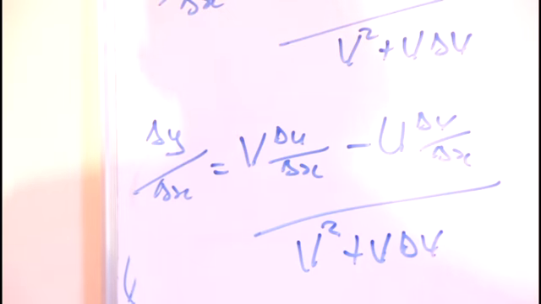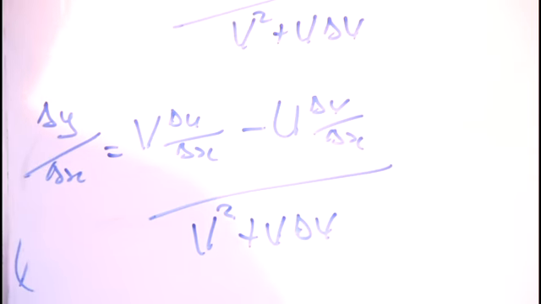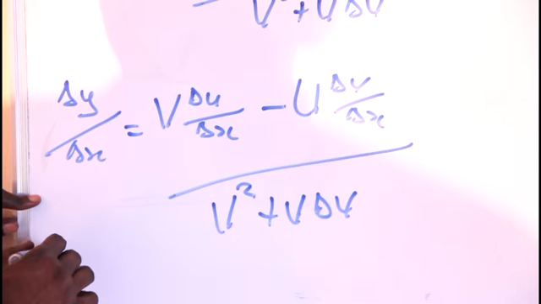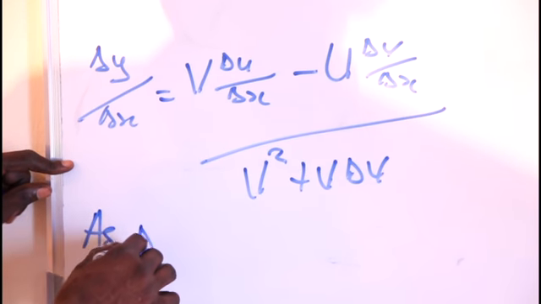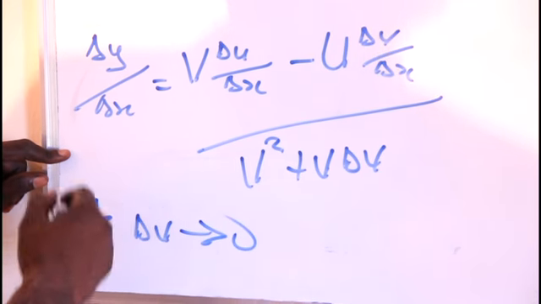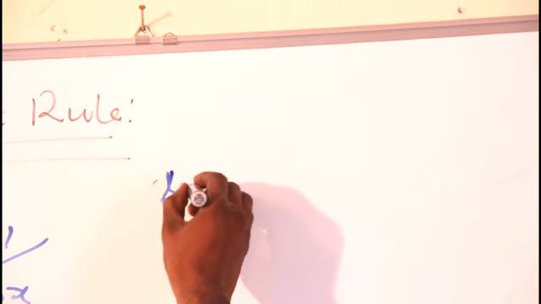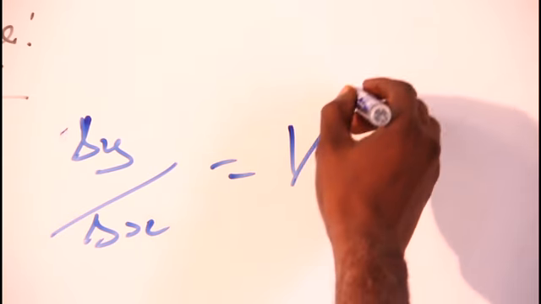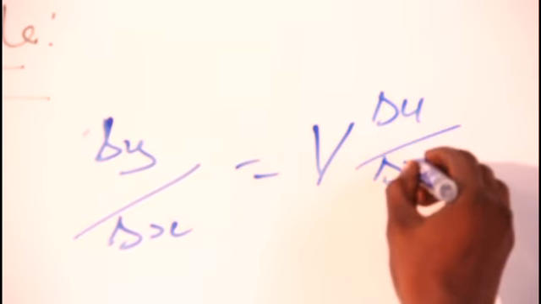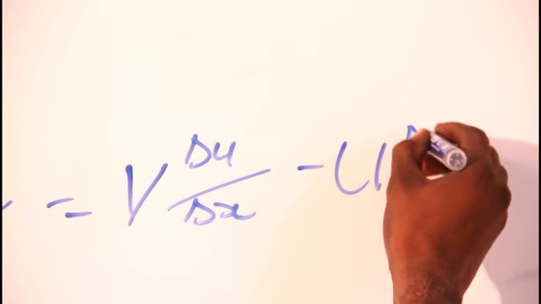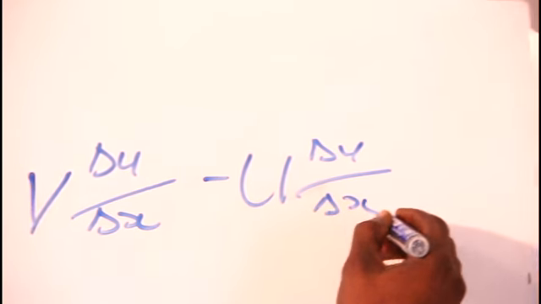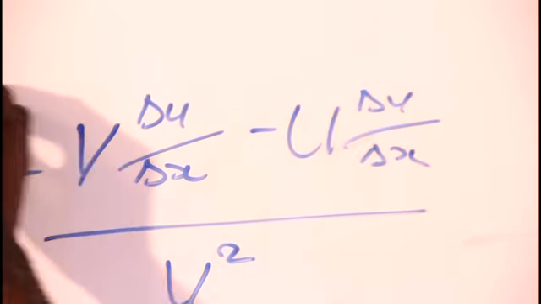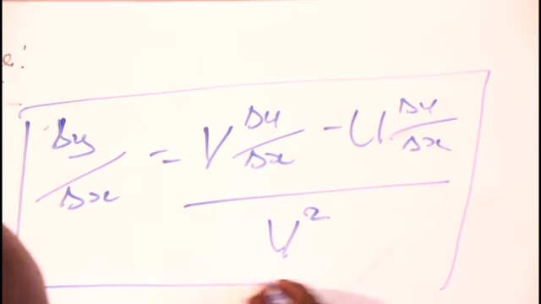Then at this point, we take the limit as change in v tends to 0. We end up having dy over dx equal to v du over dx minus u dv over dx all over v squared. So this is our quotient rule.